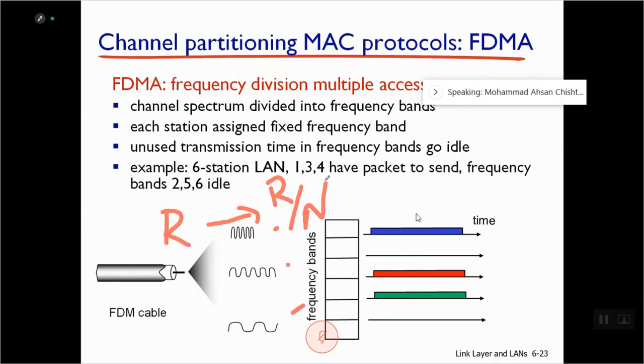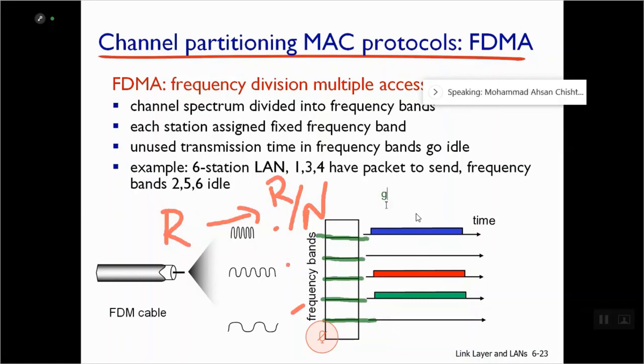Okay. Now you can see in between the frequency bands, there is a line. I would depict this line with a green color here. You might have studied this in FDM also. These lines here in green depict guard bands.